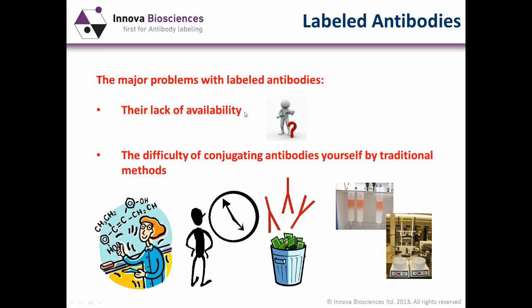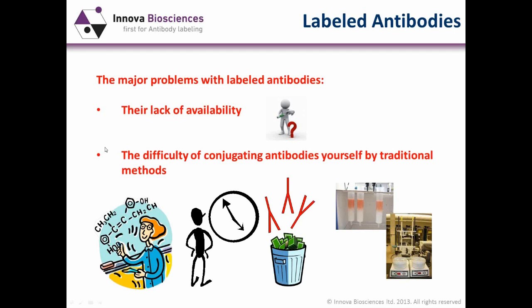Commercial suppliers have done a very good job of providing labeled antibodies, but unfortunately there might be only two researchers in the world that want a specific antibody labeled with a specific protein or dye. Now the downside is that's not commercially viable for the wholesalers to provide that antibody. Therefore, they're never going to cater to meet that target needs.